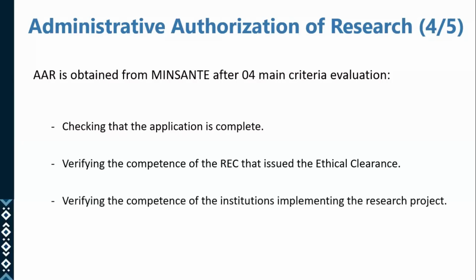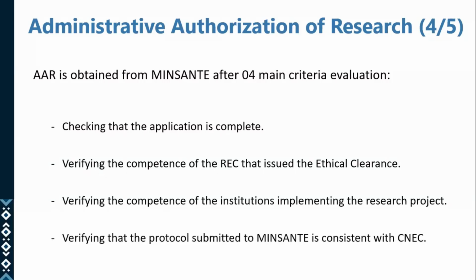They now verify the competence of the institutions implementing the research project. So is the institution used to doing research? Is it an institution that is already accepted by the different ministries in Cameroon? And finally, they verify if the protocol you submitted to the Ministry of Public Health is consistent with the one submitted to the National Ethics.